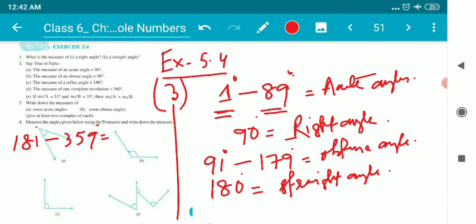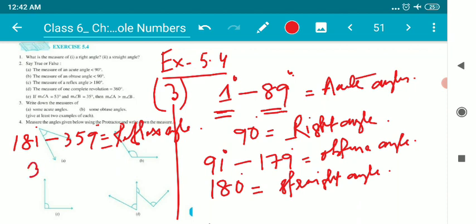So it's very important. The angles lying between 181 degree to 359 degree are known as reflex angles. It should be more than 180 degree and less than 360 degree, meaning up to 359.